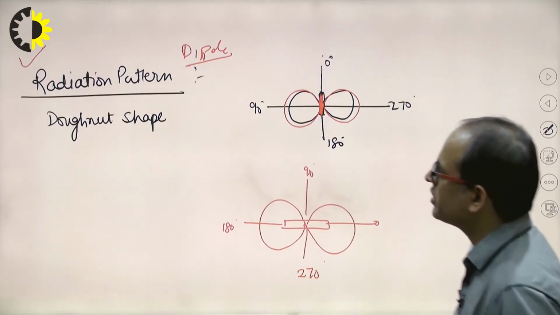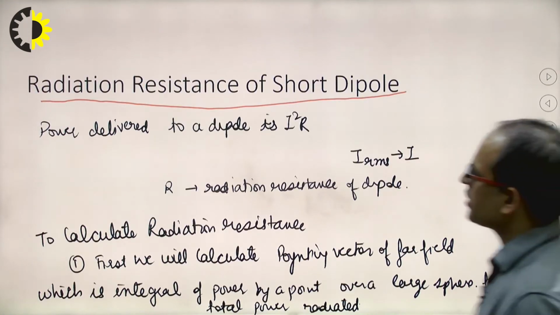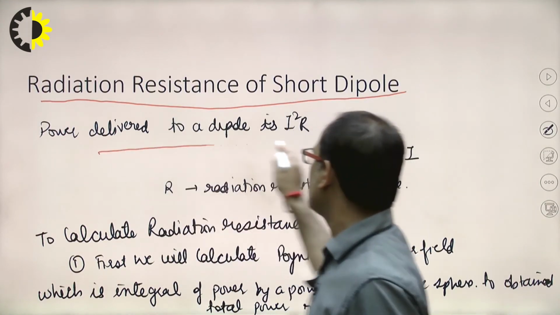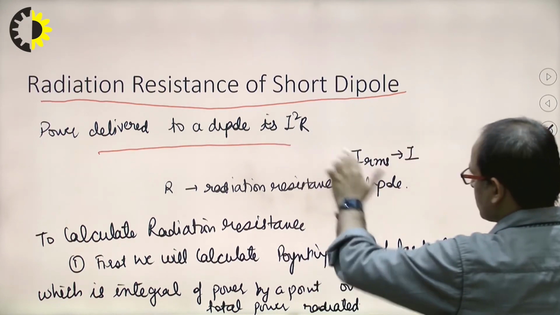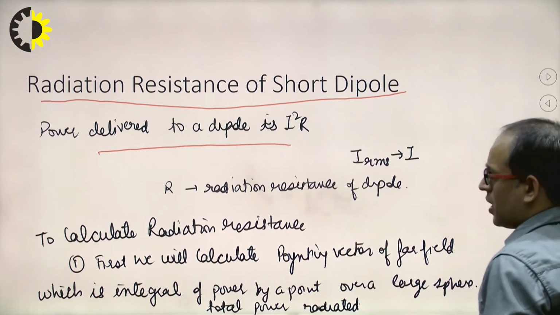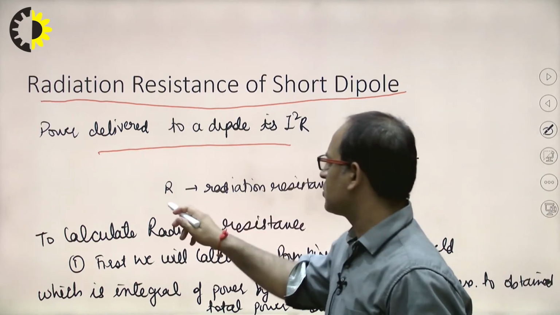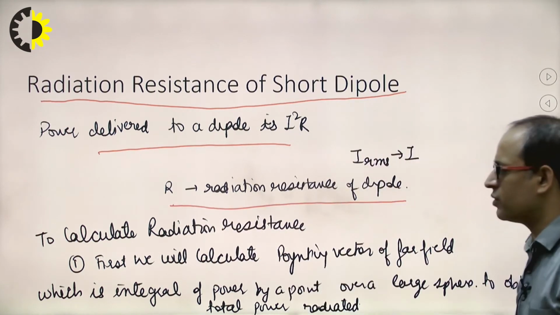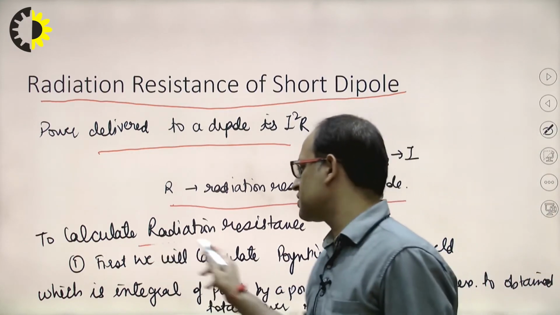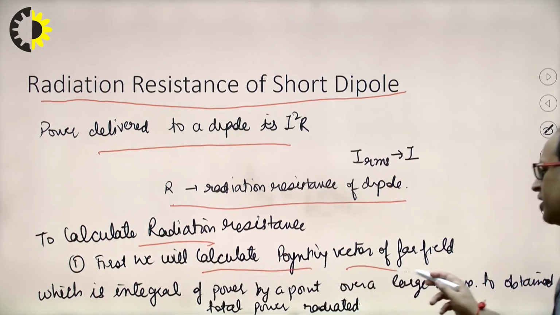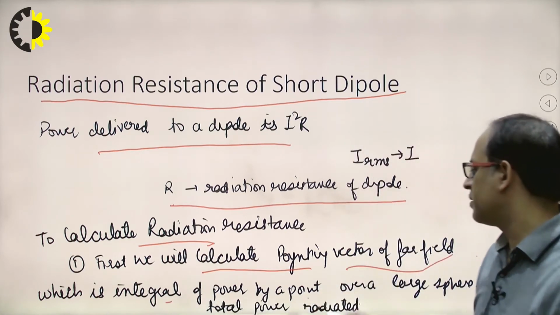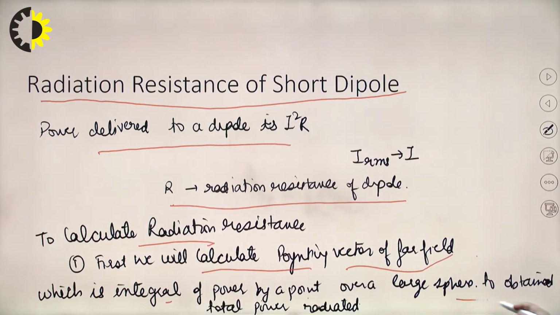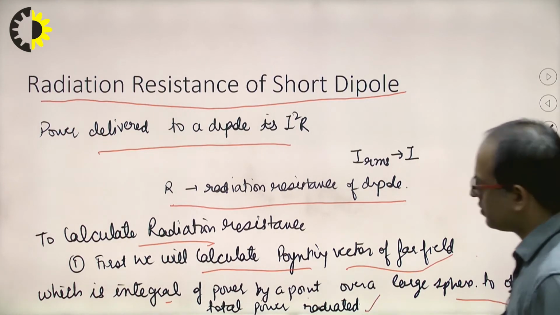So to calculate the radiation resistance of a short electric dipole, power delivered to a dipole is equal to I square R, where I is equal to I RMS, and R is the radiation resistance of the dipole. So first we will calculate the Poynting vector of the far field, which is the integral of the power obtained at a point over a large sphere, to obtain the total power radiated.